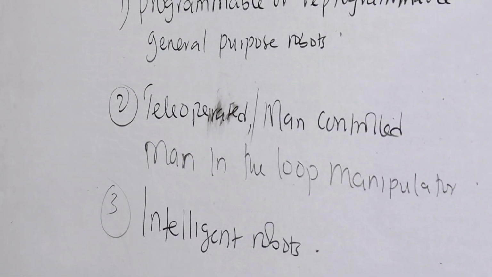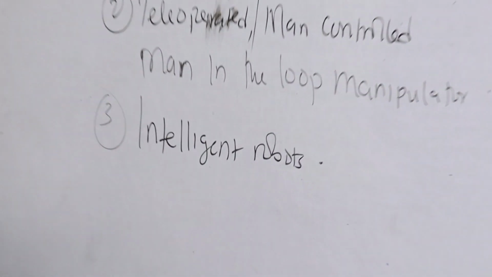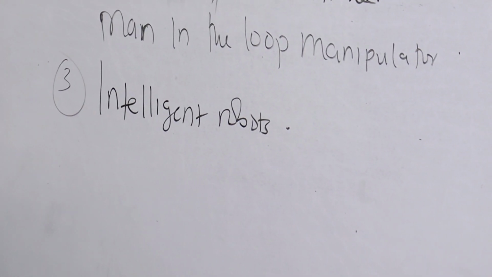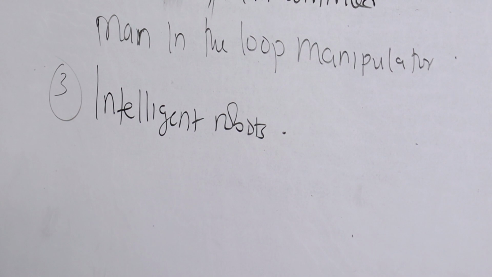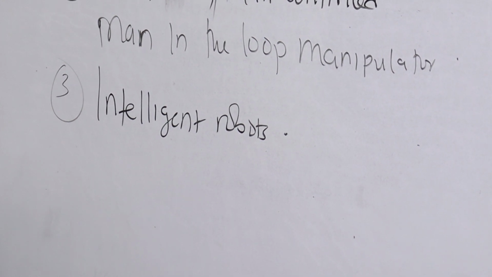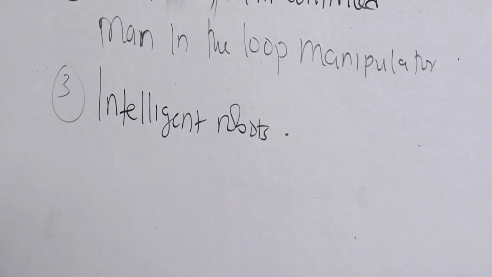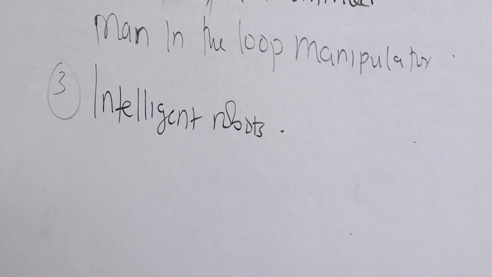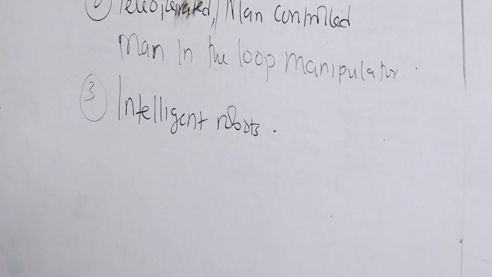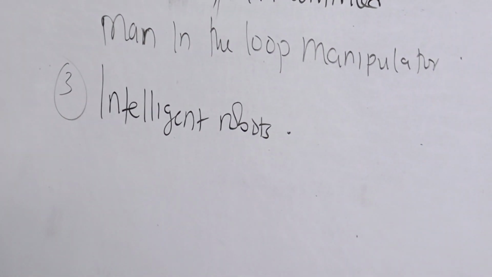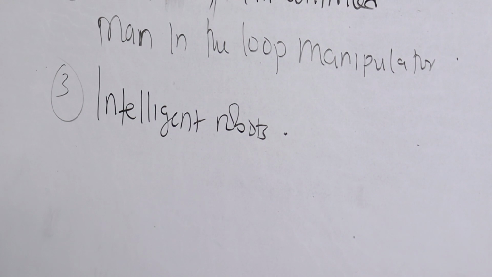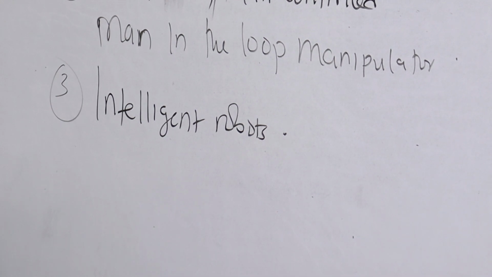These robots usually have artificial or machine intelligence that is analogous to the sensory perception and neuromuscular coordination that the human being is capable of. So they are made in the same way the human being's brain works.